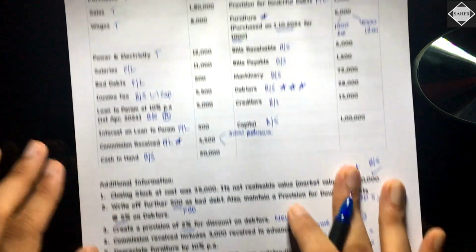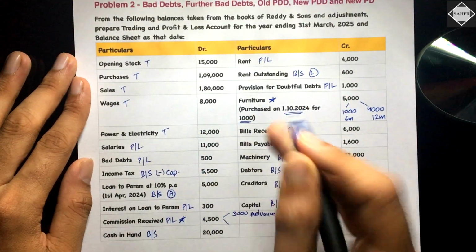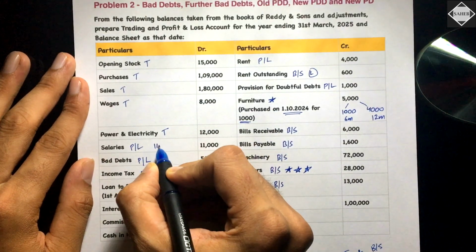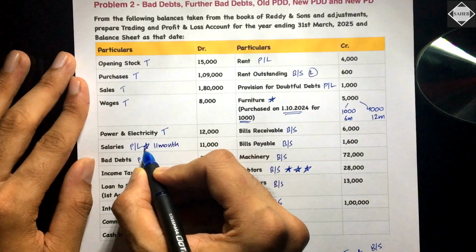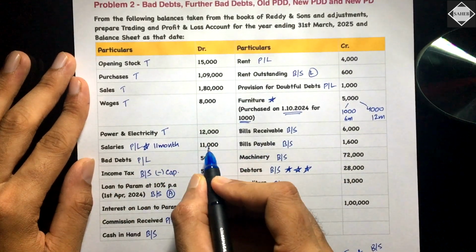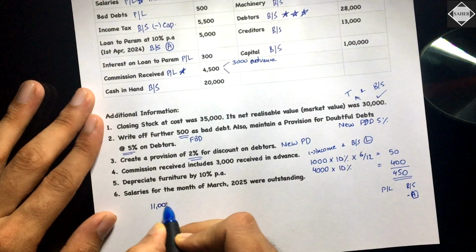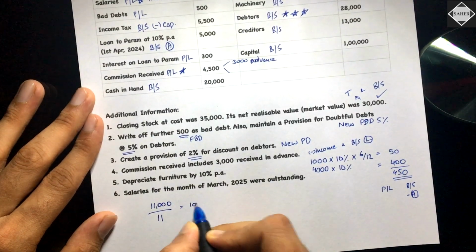It's really simple. See, if you see in the trial balance, you get to know 11,000 salary is there. The junior accountant has taken that much salary. This salary is of 11 months. Here we have got an adjustment. So what we are going to do is take that 11 month salary and divide by 11. So that is equal to 1,000.